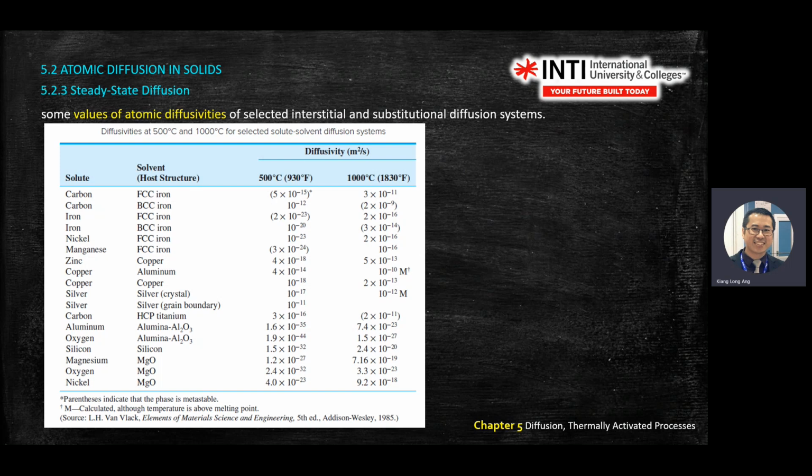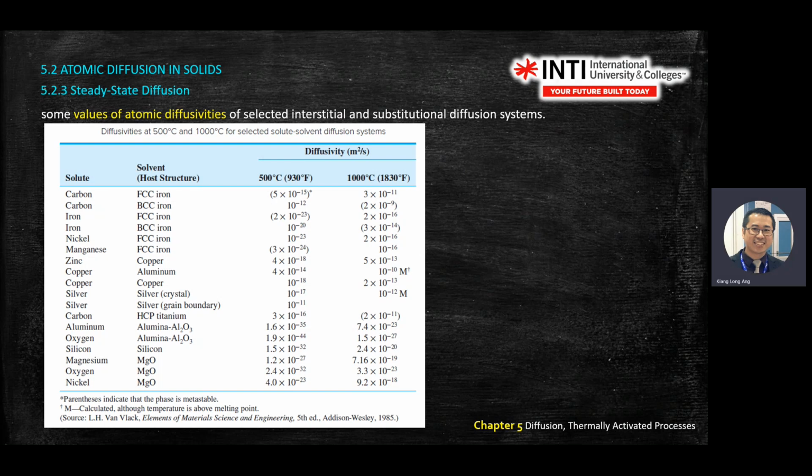You put salt inside water: the salt is the solute, and the water is the solvent, the host. So when you put carbon inside an FCC element, the diffusivity has two rows, one at 500 and one at 1000 Celsius. Different temperature, different diffusivity.